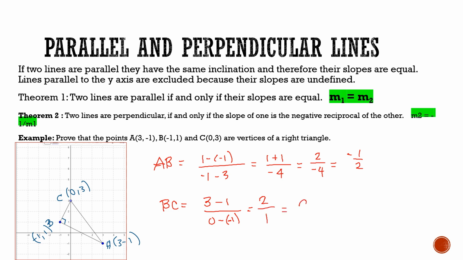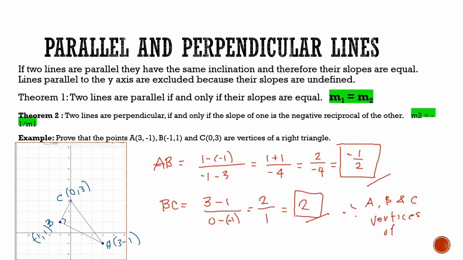This will be 2. If you try to notice, BC is 2 and AB is negative 1 over 2. Therefore, A, B, and C are vertices of a right triangle. Okay? Because their slope is the negative reciprocal of the other.